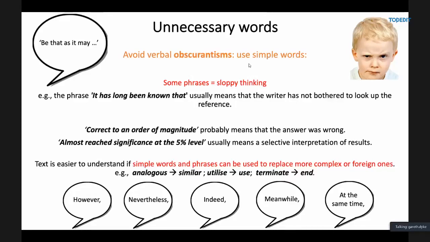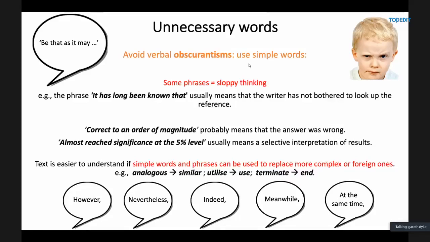These are switching words that link sentences, which people often use when they link sentences together. However, nevertheless, indeed, meanwhile, at the same time, and my absolute favorite, which is used all the time by a good friend of mine who's French, writing in English.